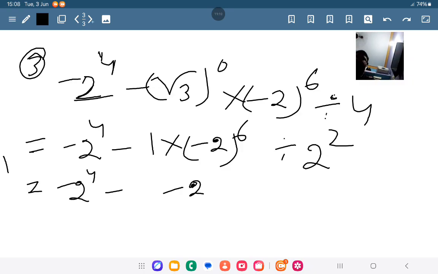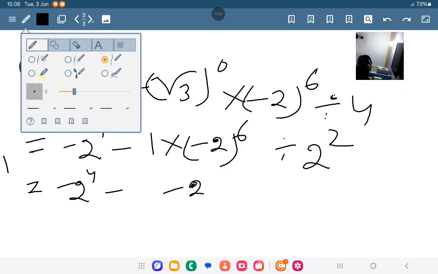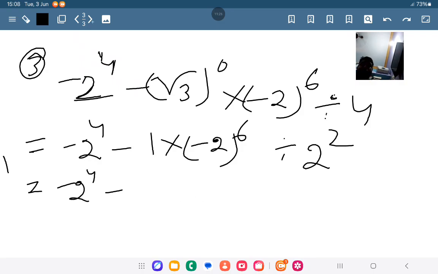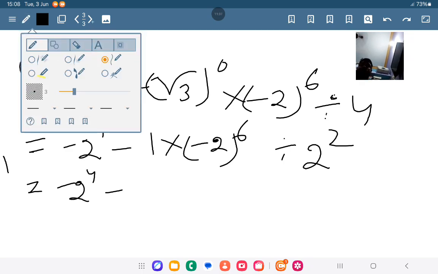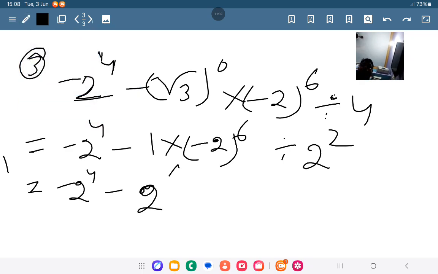Here minus 1 into minus 2 to the power 6 will be 2 to the power 6. 2 to the power 6 divided by 2 to the power 2.